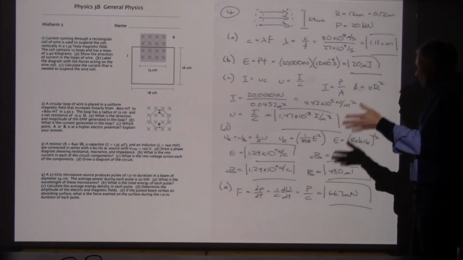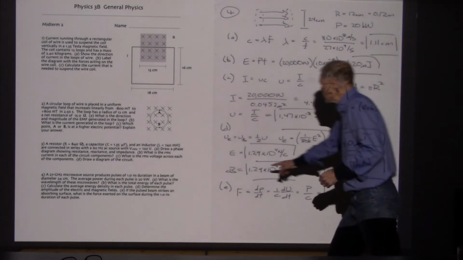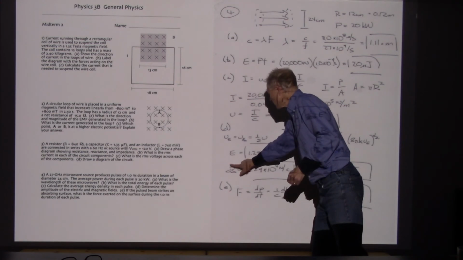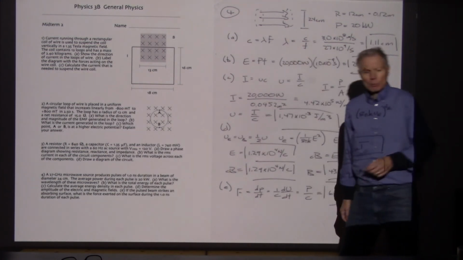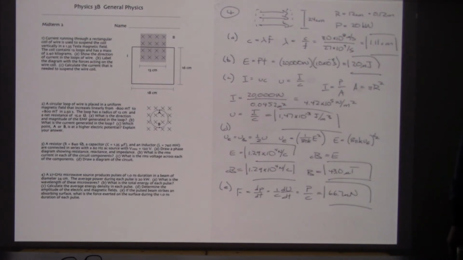Now, this approach says that C times B is going to be the same thing as E. When we're looking at these fields that are propagating, it turns out that the propagation fields that we look at in chapter 31 are based on accelerating charges. They're not the fields that we've looked at in other chapters. It's a different sort of electric and magnetic field, specifically due to the accelerations of charges.